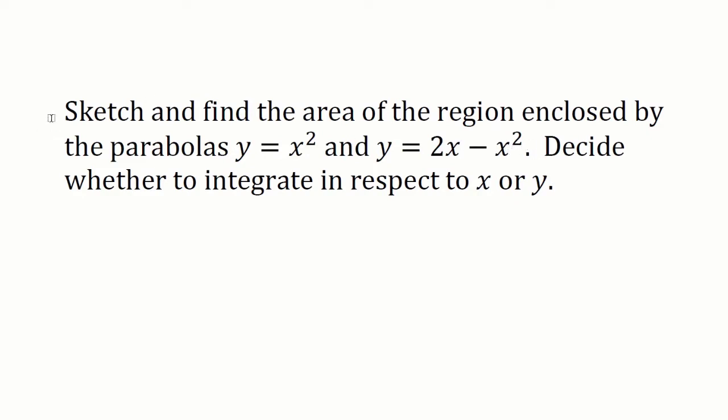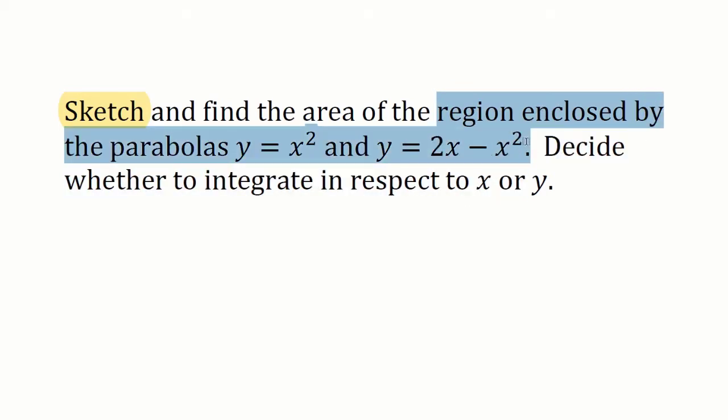Okay, so let's sketch that region. Sketch the region enclosed by the two given parabolas here. So in that way, I am going to switch over to my graphing calculator.